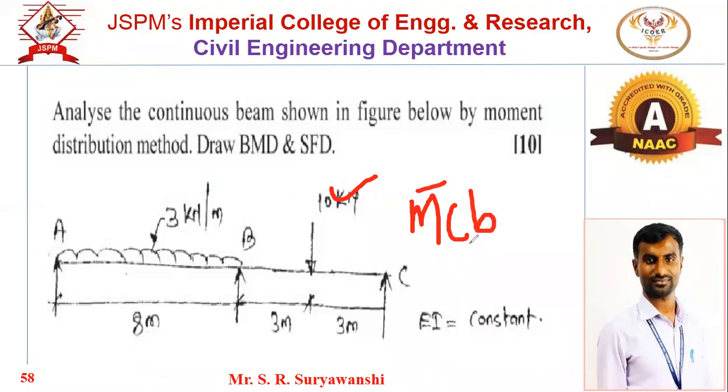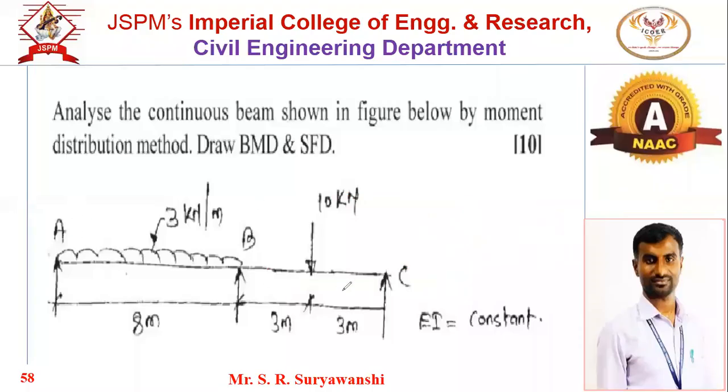So that moment we have to make 0. To make this M bar CB 0, we have to add the opposite moment, and half of it is carried over to the BC member. This is the adjustment or correction we did when a continuous beam has one end support that is simple.